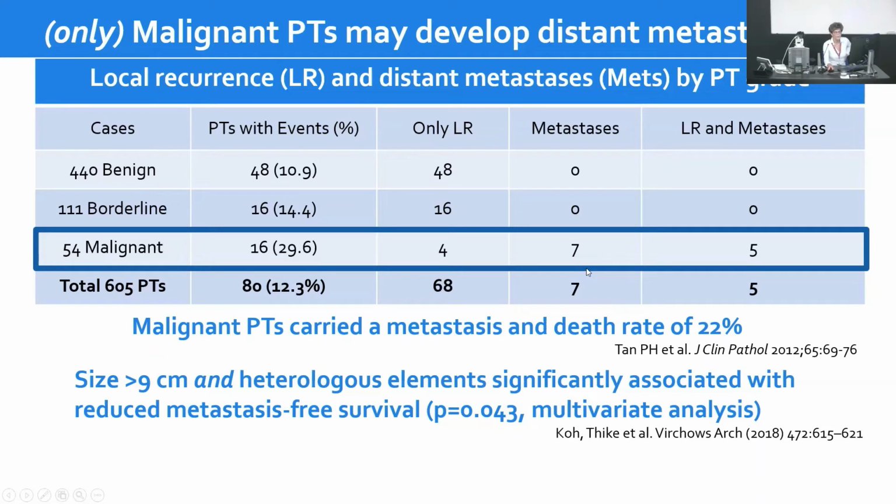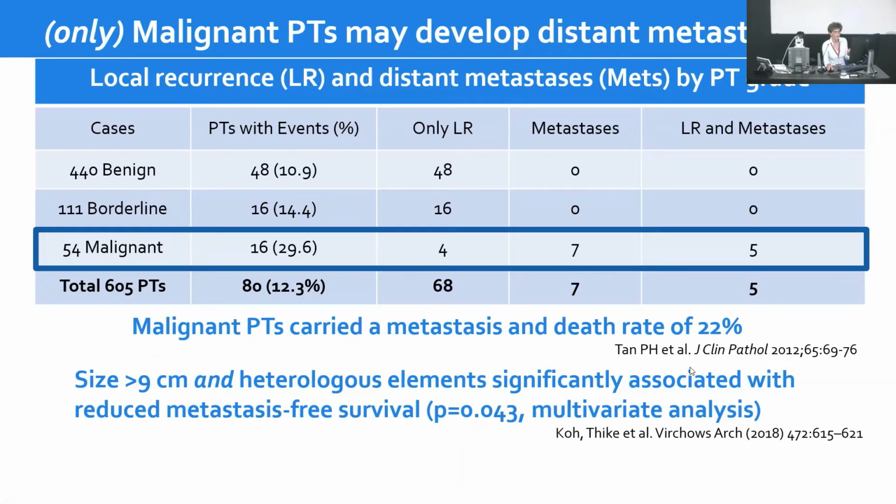So it appears that it's really the malignant phyllodes tumor, maybe the malignant phyllodes with a lot of stromal overgrowth, that will eventually metastasize. It's not clear what drives this metastatic potential, but definitely it's the malignant we have to be careful with and diagnose correctly. And because they have a substantially more aggressive clinical behavior, malignant phyllodes carry a metastasis and death rate of 22%.